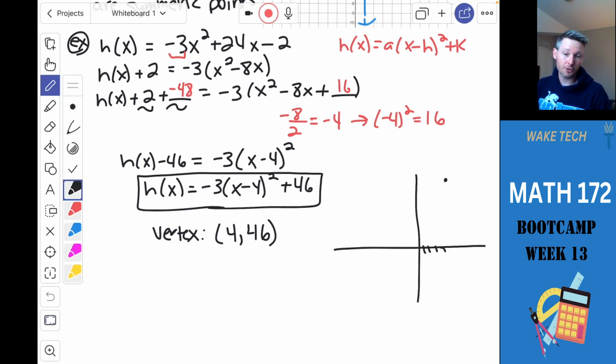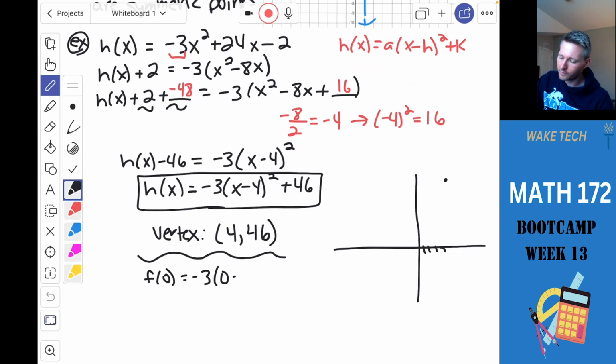And then we could use symmetric points to help us get enough information to create the graph. Again, I will calculate f of 0 only because that's an easy calculation to make by working with 0.